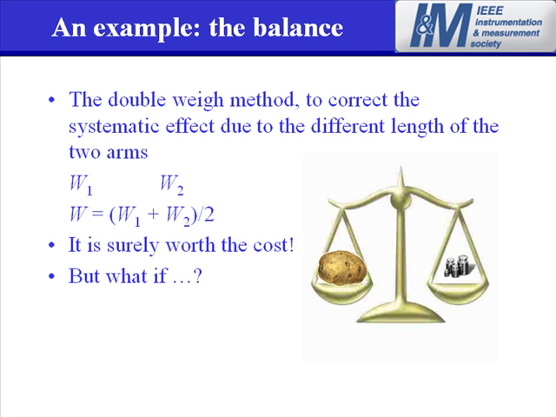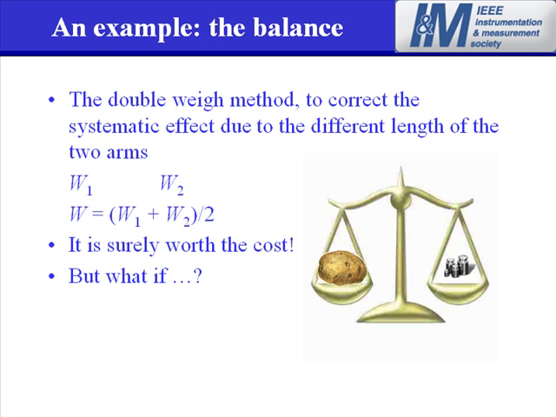The point is that in less evident cases, we must be capable of evaluating uncertainty also in the presence of systematic effects. Let me say, also in the presence of unidentified and uncompensated systematic effects. And we need this to assess whether correcting systematic effects is worth the uncertainty reduction or not.